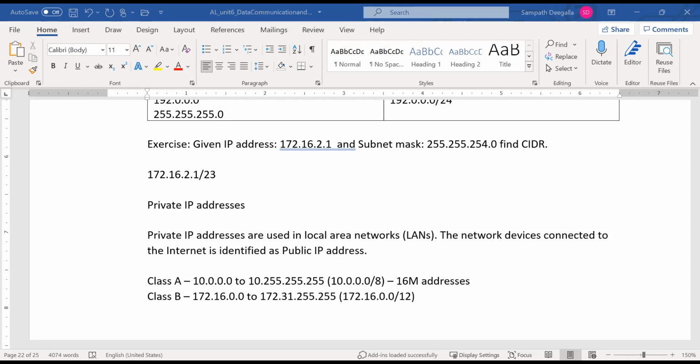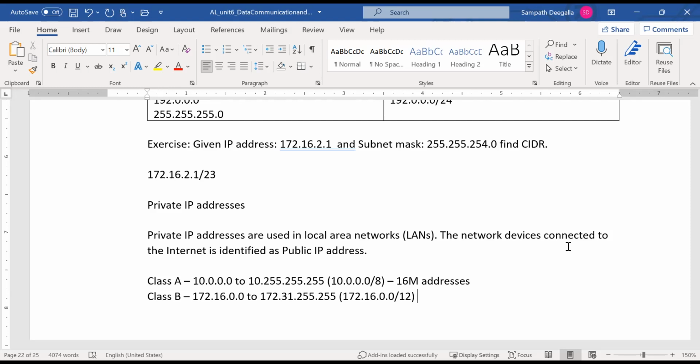So we have only 12 network bits, and the remaining we will have about 20 bits.